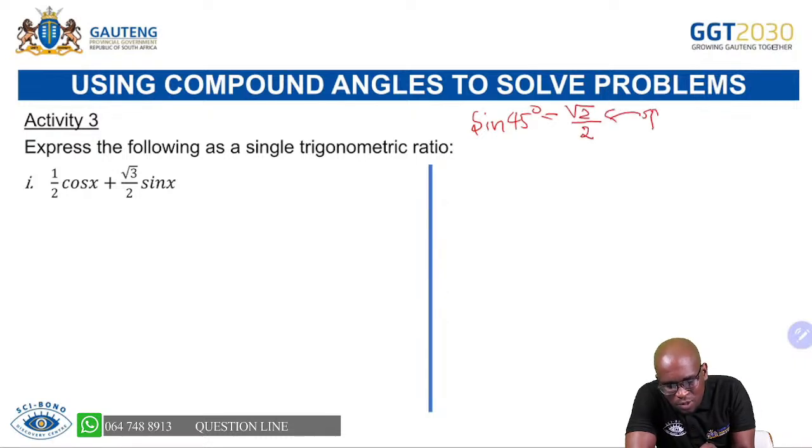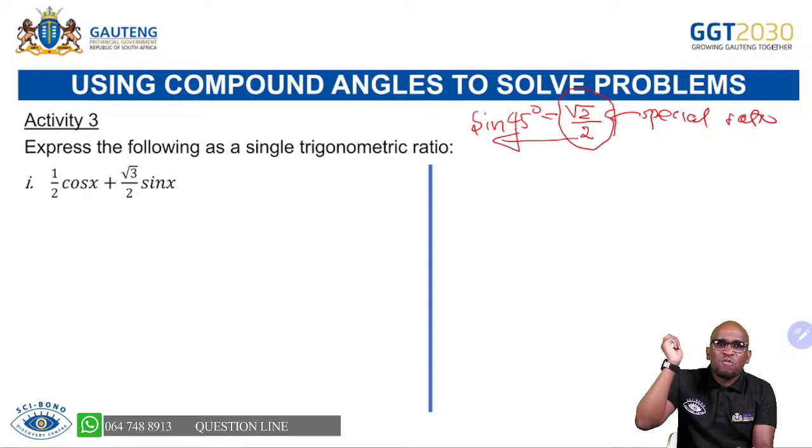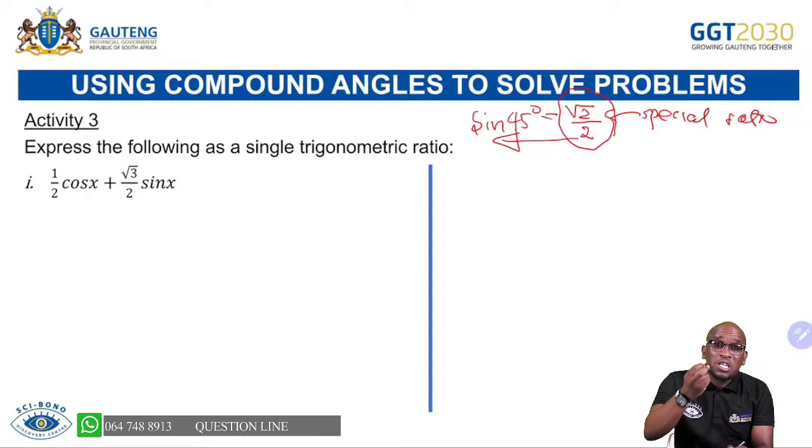This side is a special ratio, so one needs to be able to write root 2 over 2 as the sine of 45. You should have that skill because it is useful for other problems, like this particular problem. It is useful to take a special ratio and write it as a corresponding trig function of a special angle.